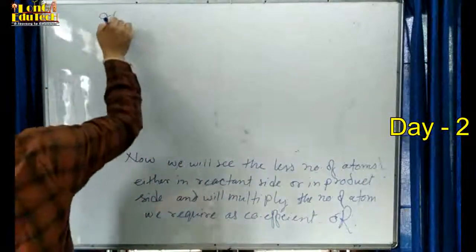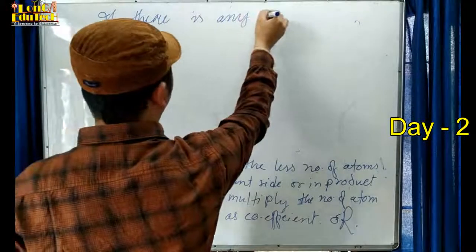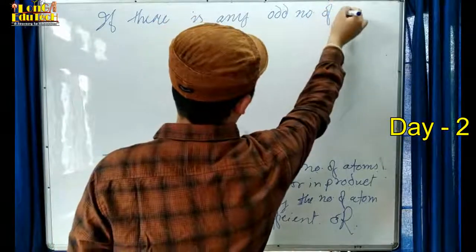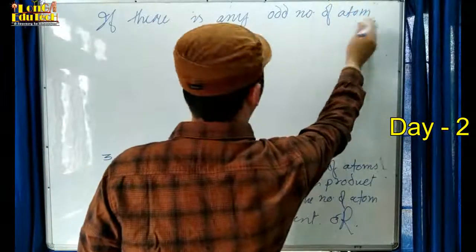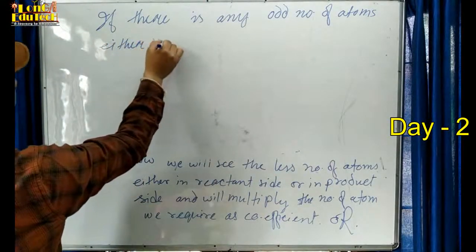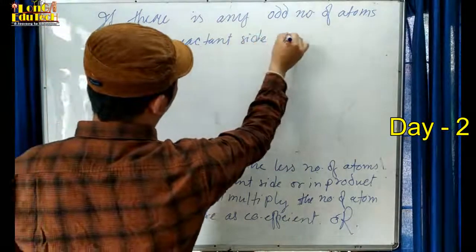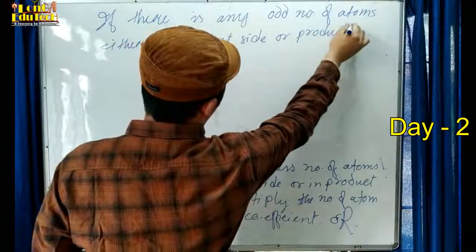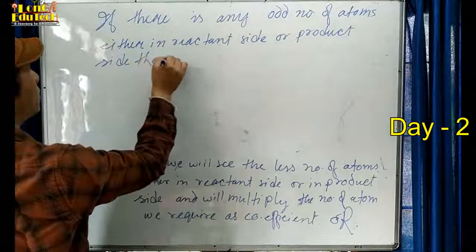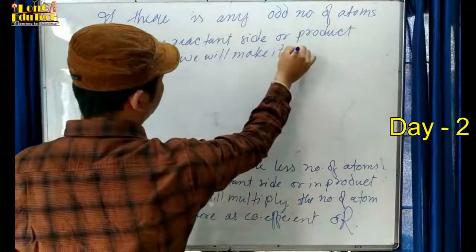If there is any odd number of atoms, either in the reactant side or the product side, then we'll make it even.